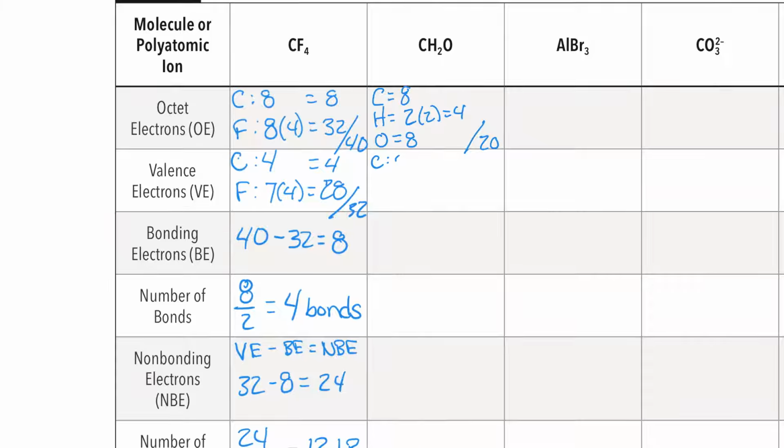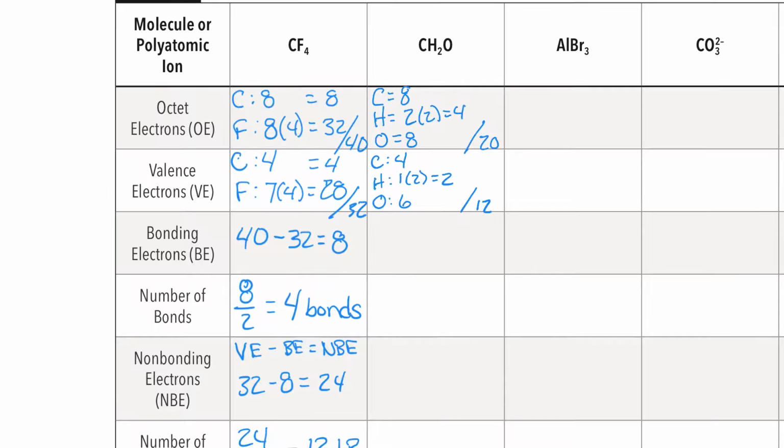Carbon, again, comes with 4 valence electrons. Hydrogen comes with 1 valence electron, and there are 2 of them, so that gives us 2 valence electrons there. Oxygen comes with 6 valence electrons, so we have 4 plus 2 plus 6, giving us a total of 12 for our valence electrons.